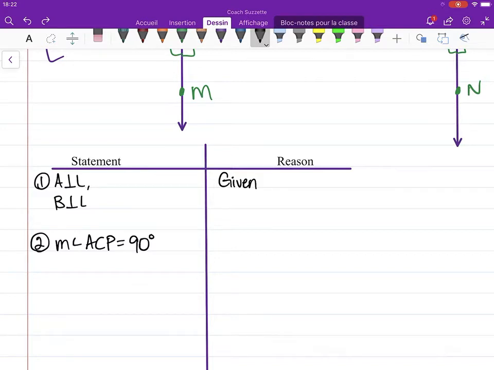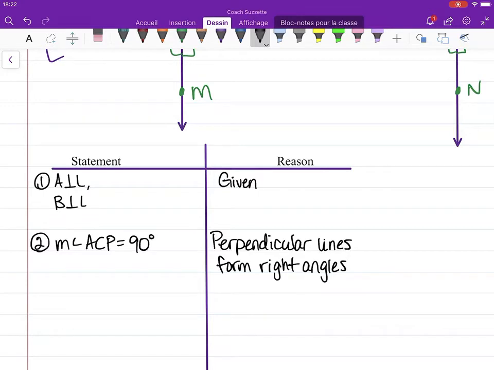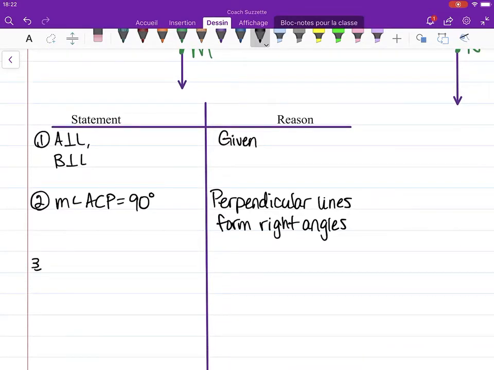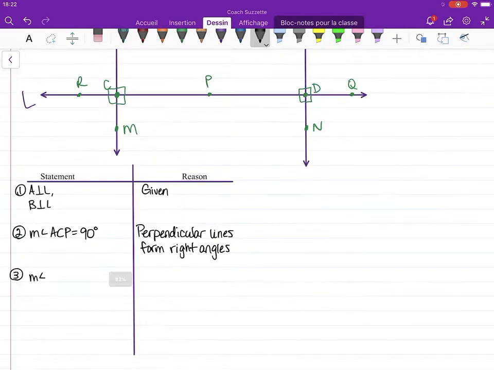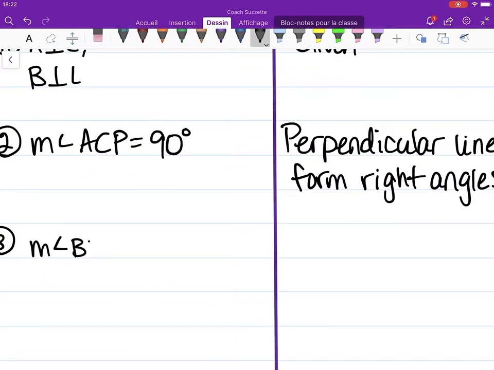Perpendicular lines form 90-degree angles. Perpendicular lines form, let's say, right angles. And then let's have the next statement be that the measure of angle BDQ is equal to 90 degrees for the same reason.